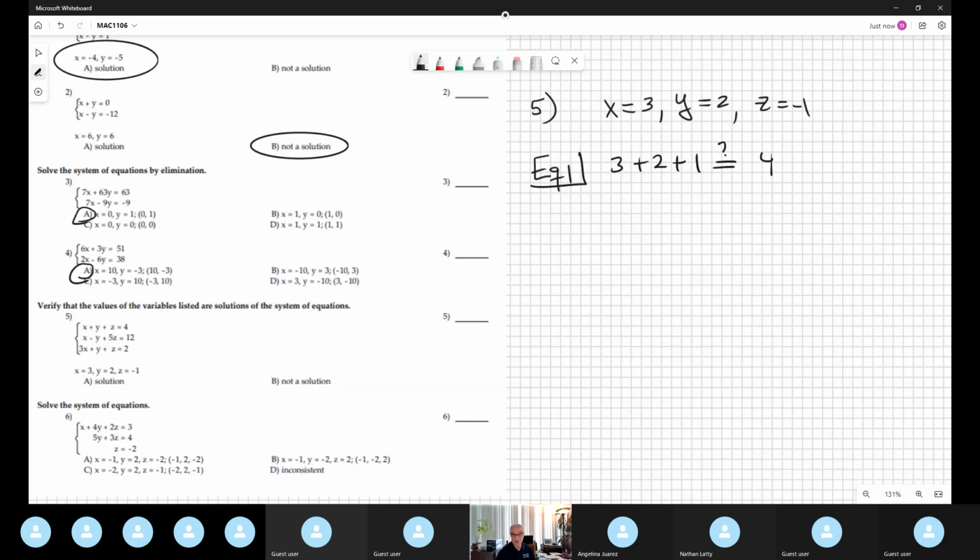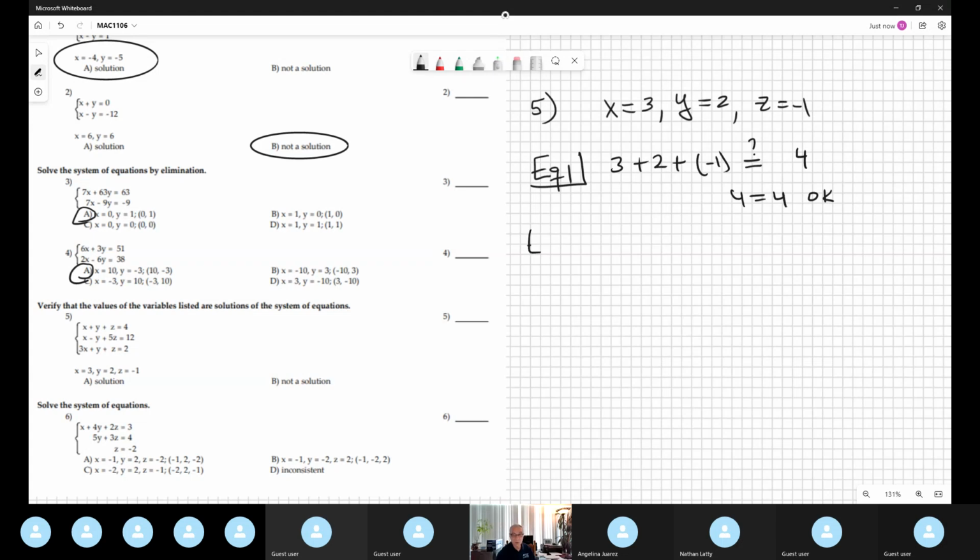So it is plus minus. Okay, let me write it correctly. Negative 1 should be 4, sorry. 3 plus 2 is 5, and 5 minus 1 is 4. 4 equals 4. Okay, cool. It passes the first equation. Let's do the second.